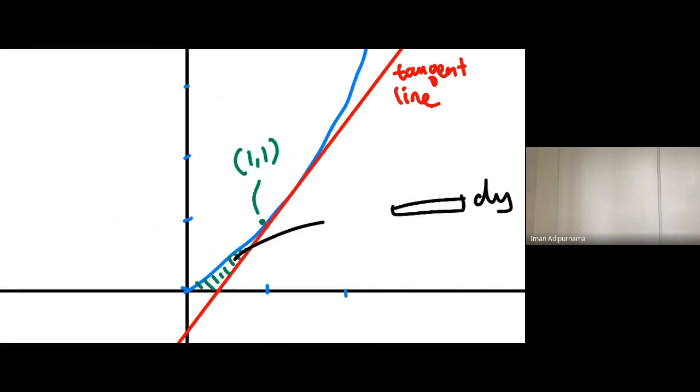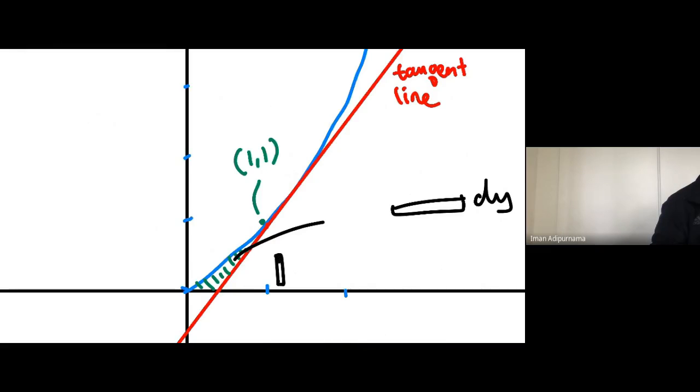Now the area: this x squared, the tangent, and the x-axis. Okay. So it's closed at this area. You can check, make a rectangle like this.